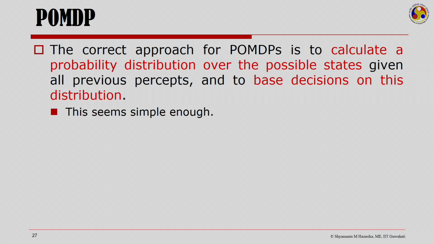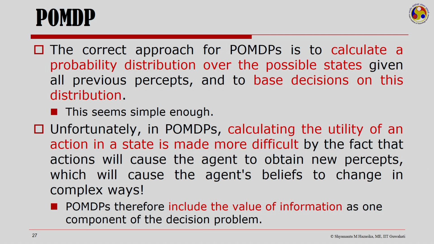The correct approach for partially observable Markov decision problems is actually to calculate a probability distribution over the possible states given all previous percepts and to base decisions on this distribution. Now, this seems simple enough, but it is not, because in partially observable Markov decision problems, calculating the utility of an action in a state is made difficult by the fact that the actions will cause the agent to obtain new percepts.